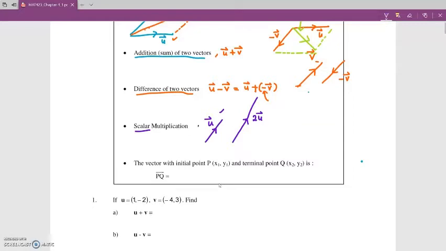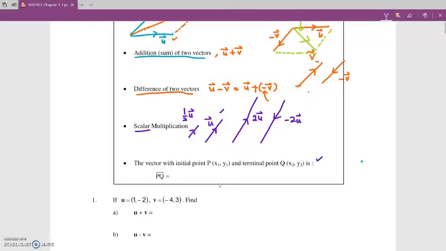If it is half, then we say half u, 1 over 2 u. If you have another vector with the same length but the opposite direction, this is negative 2u.